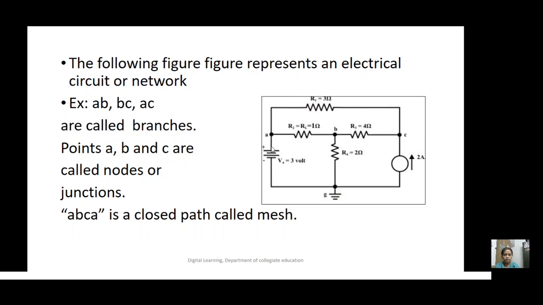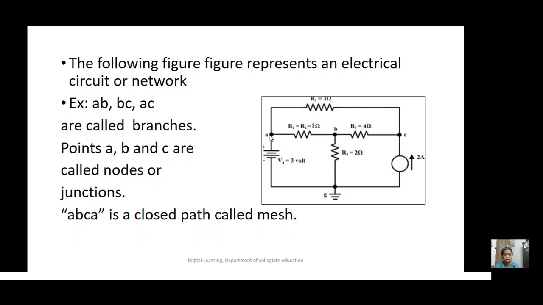The current that is coming from the battery has two paths here. It can either go through R2 or through R1. The division of the current is called branching. So R2 is one branch, and R1 is another branch.